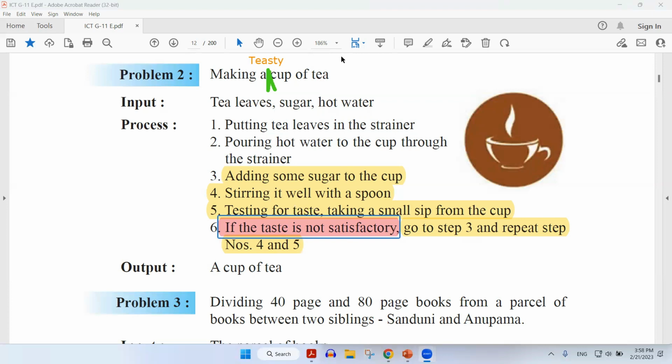Yes, everyone, are you clear about the concept which we call the repetition? Okay.